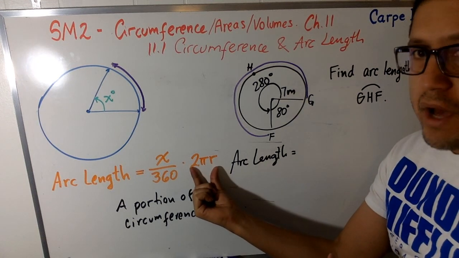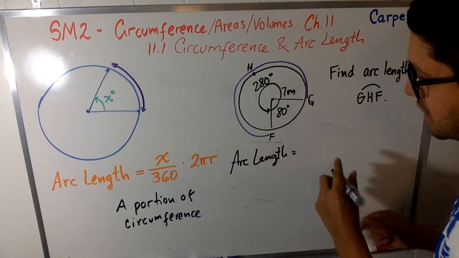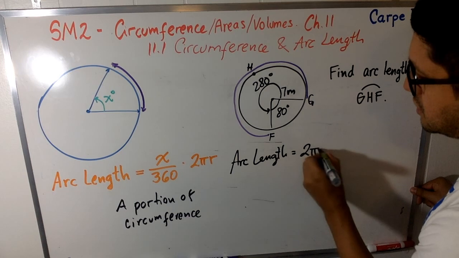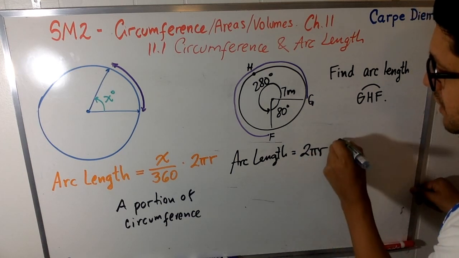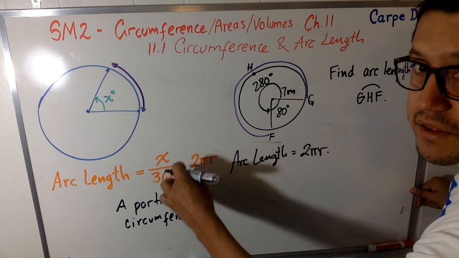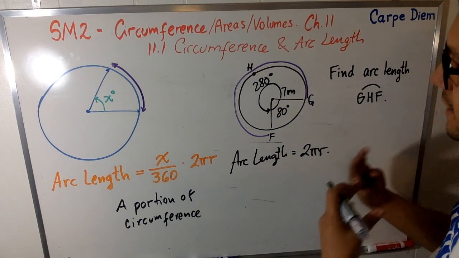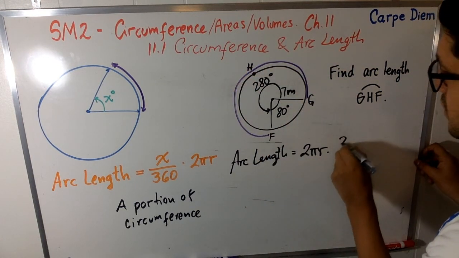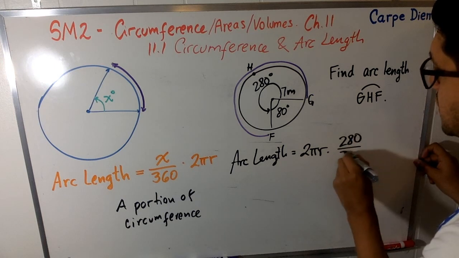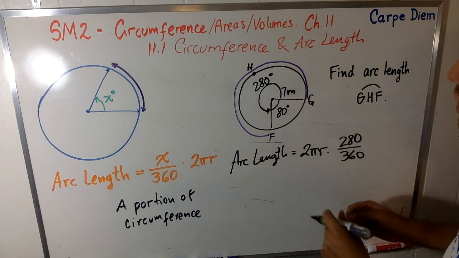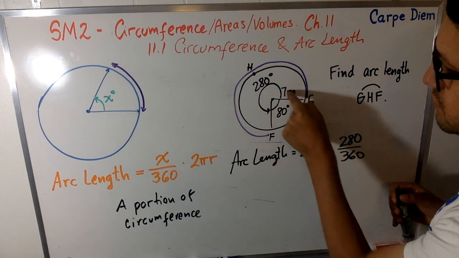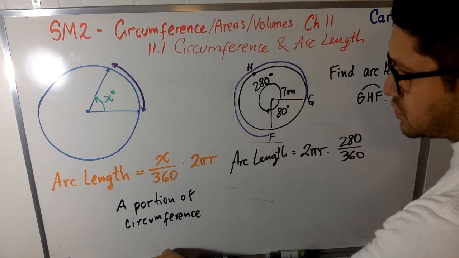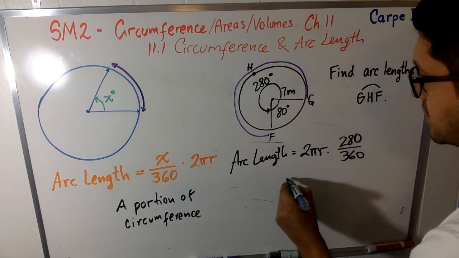We have 2 pi r, which is the whole circumference. I'm going to write it here, 2 pi r. But then we need to multiply by the fraction I want to find, which in this case is 280 degrees over 360. We are also given the value of the radius, which is 7. So we're just going to plug in those values here, okay?